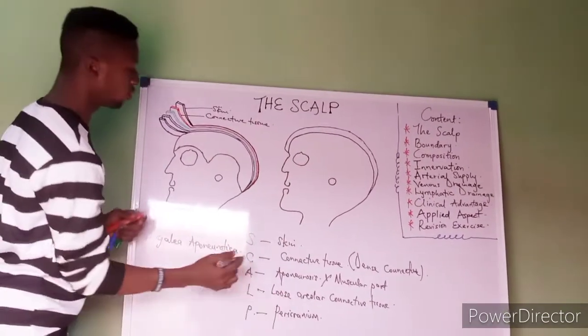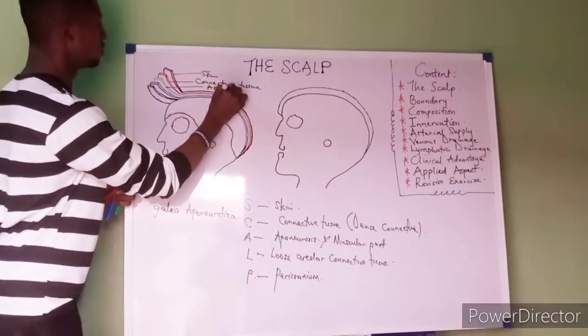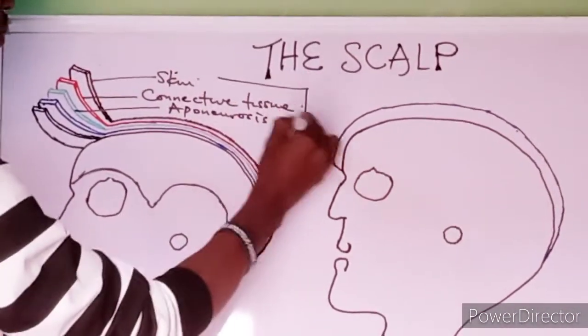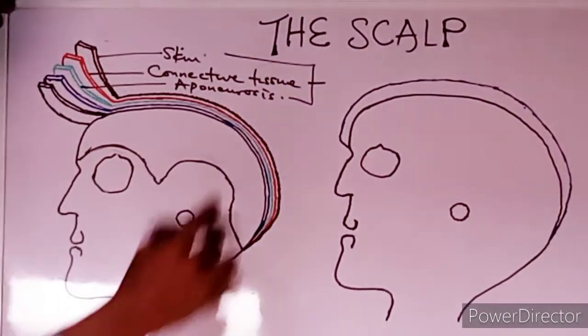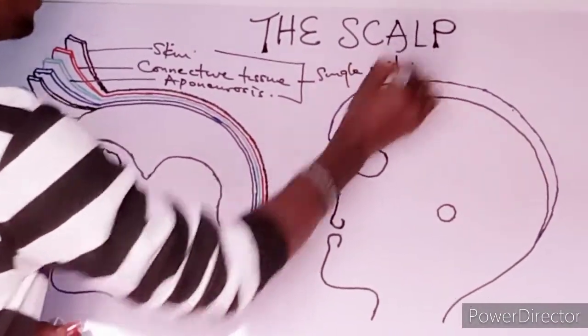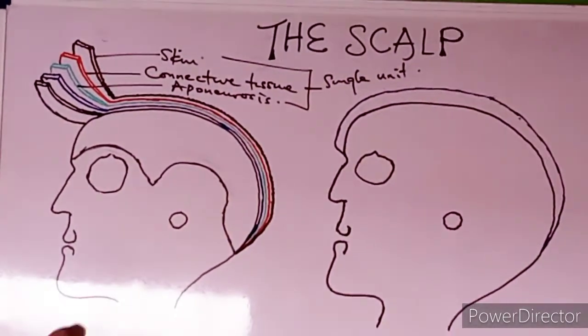After the connective tissue, we have the aponeurosis. These three are taken as a single unit, attached together as a single unit.